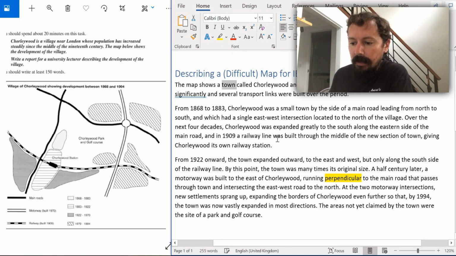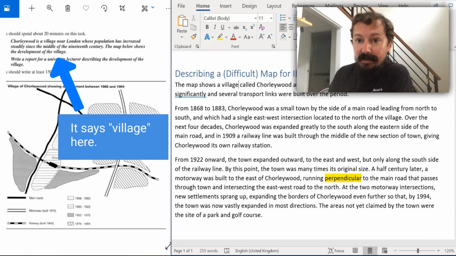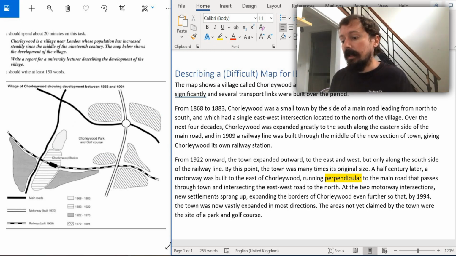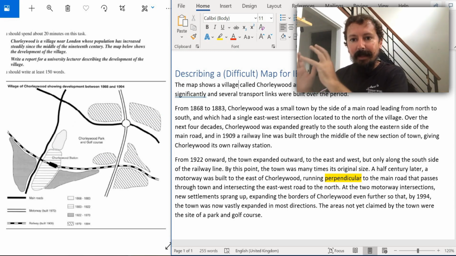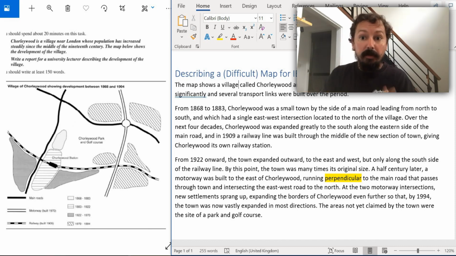And first of all, I guess I do, because I've written that this is a town, and I suppose it is, but in the beginning it was a village. So you could start a big argument about that. Am I describing the town and it's changed from being a village, or am I describing the village and it's changed to a town? I think I'll stick with town, but I think both of them are potentially correct there.